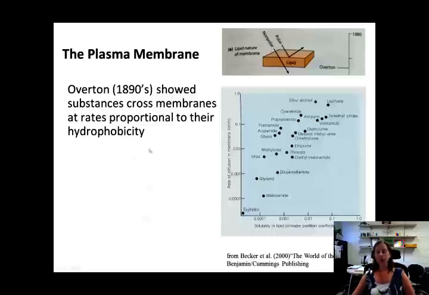So Overton observed that the lipid layer was a barrier to polar molecules, but was not a barrier to nonpolar molecules. So he concluded that the cell membrane had a lipid nature, and that there were lipids on the surface of the cell. He also found cholesterol as a component of cell membranes, and that could also help account for this barrier to some of the components.